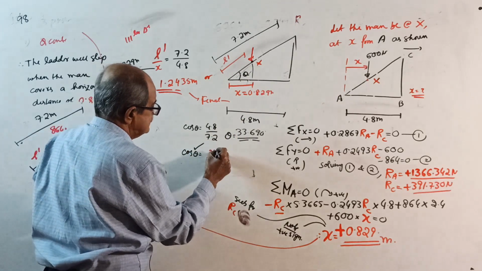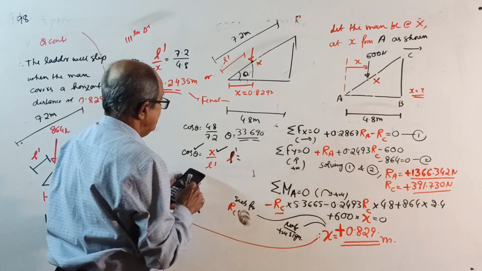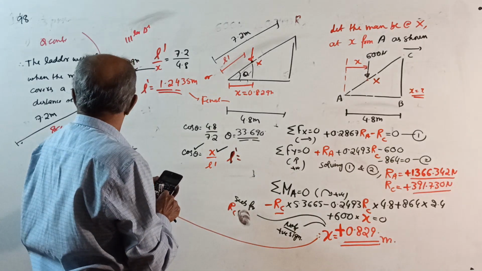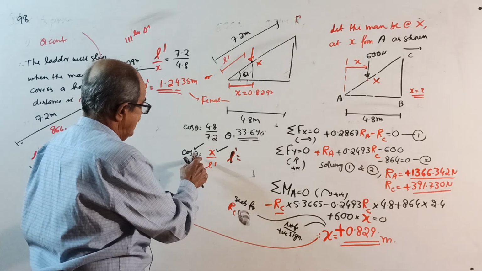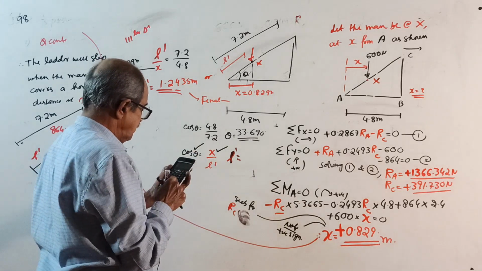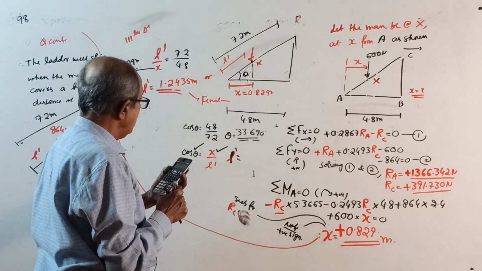Substitute theta and x, you get the value of L dash. x divided by cos of 33.69 is 0.996 meter.